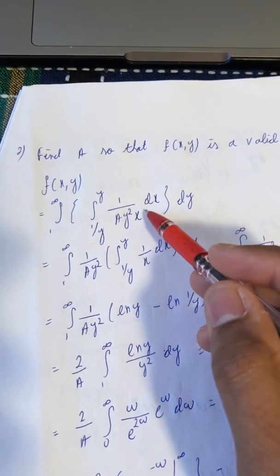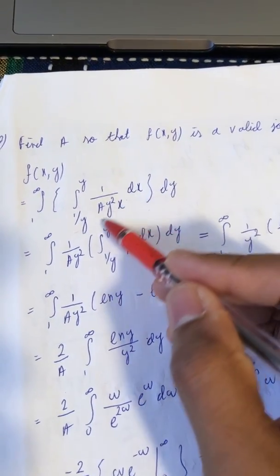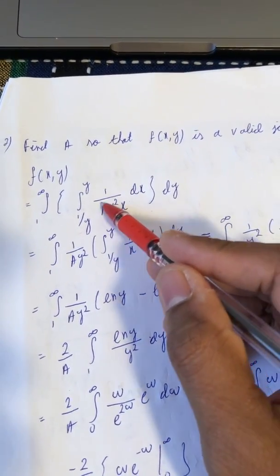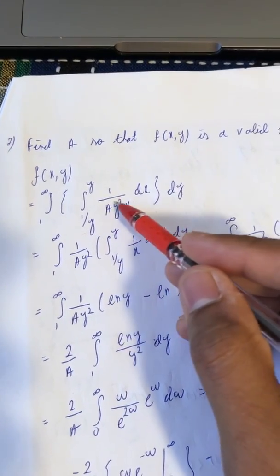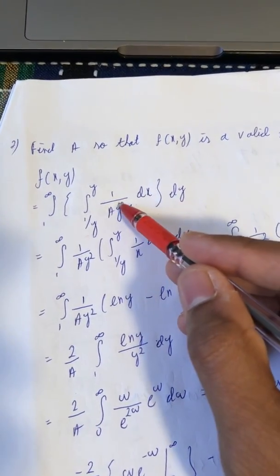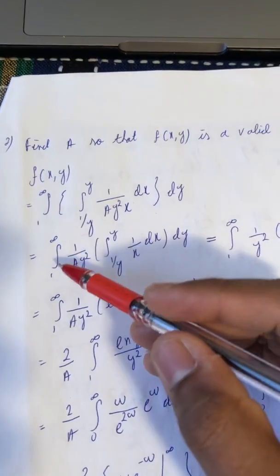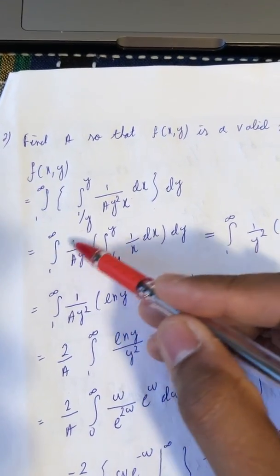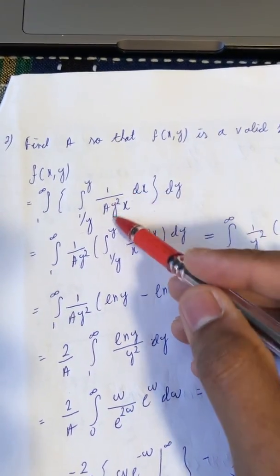When calculating for the value of x, we have to consider a y square as a constant. A is a constant, and for the dx term we consider y square as a constant. So in the integration from 1 to infinity, we put this constant part outside.